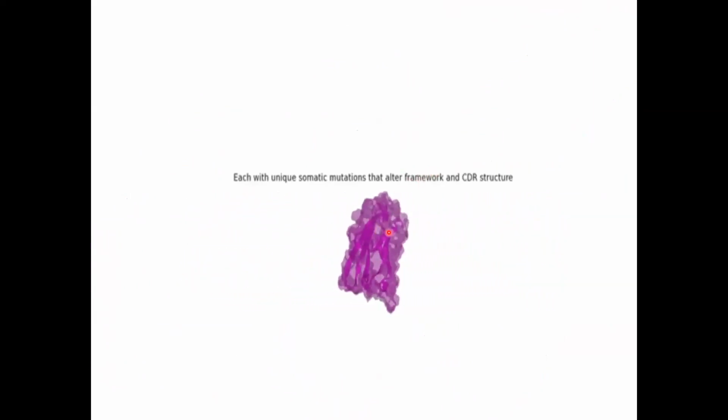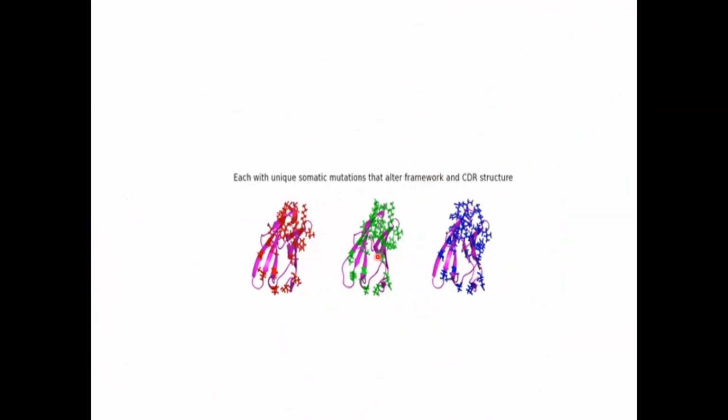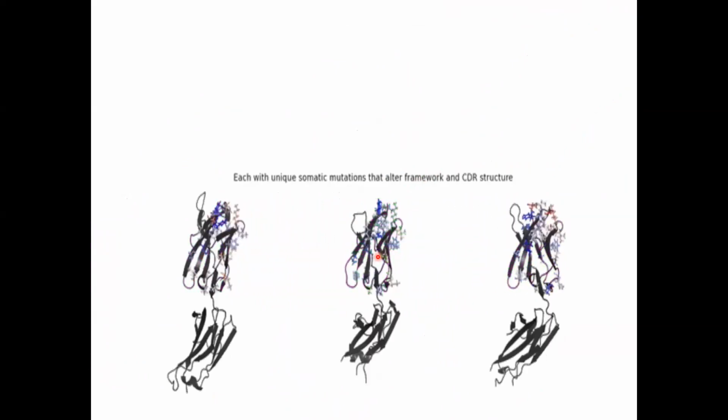And here's a superimposition of the heavy chain domain. We see they differ slightly because of the mutations introduced, but in our simulation, we asked Rosetta to design us one antibody that binds all three of these targets.